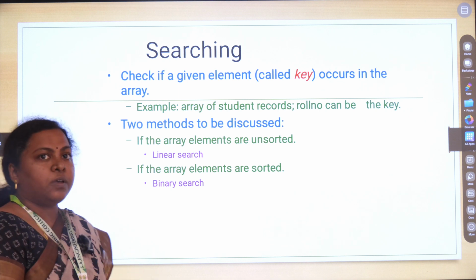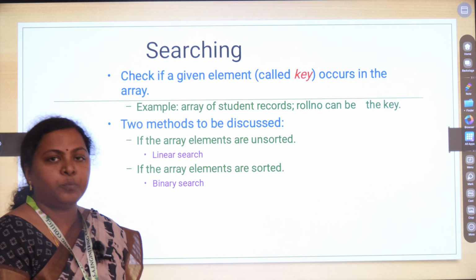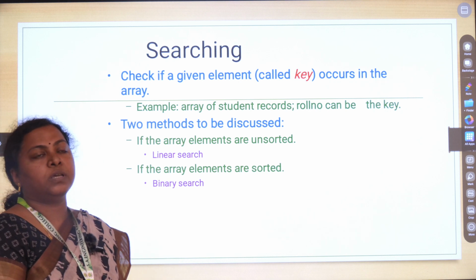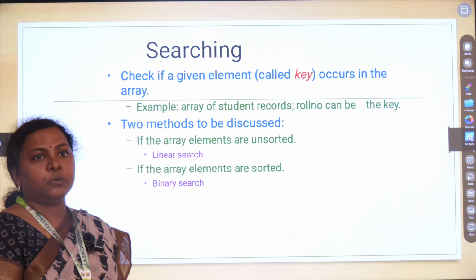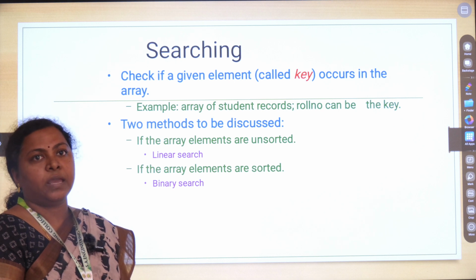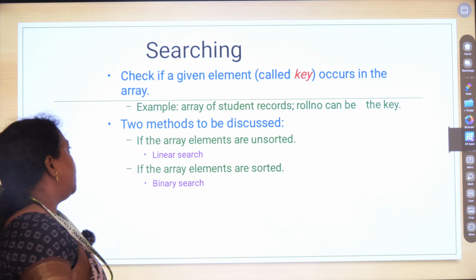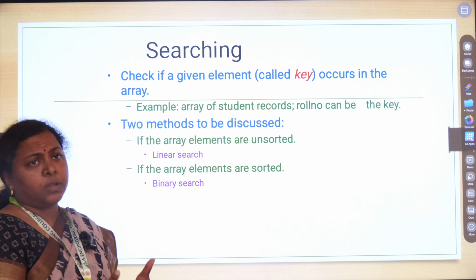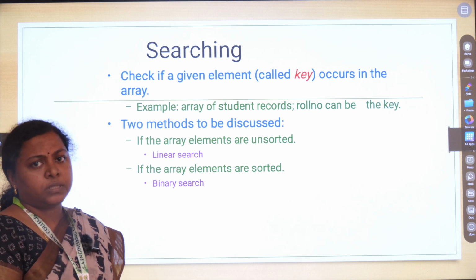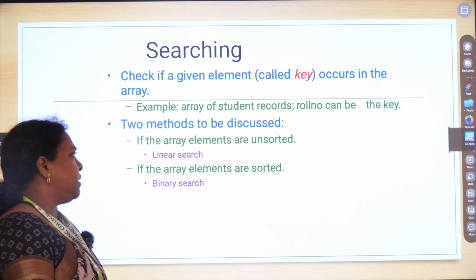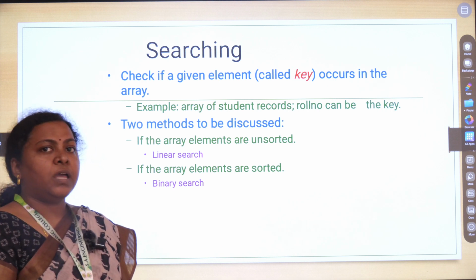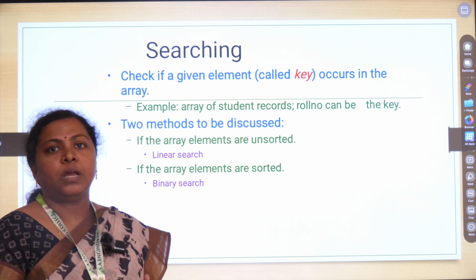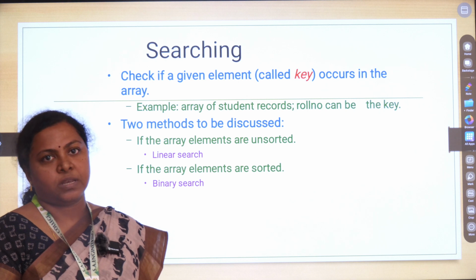Or you can also find out, in an array of employees, the details of the person who has the employee ID as 24. There are two methods we are going to discuss in the search: linear search and binary search, and this depends upon the content of the data present in an array.